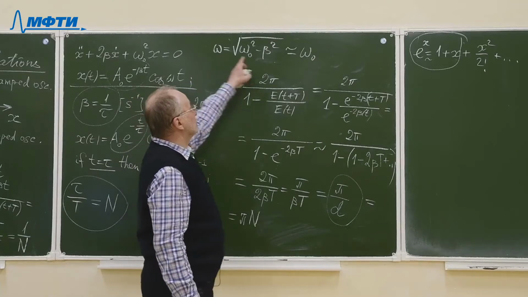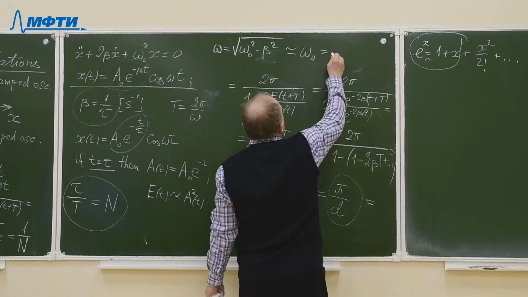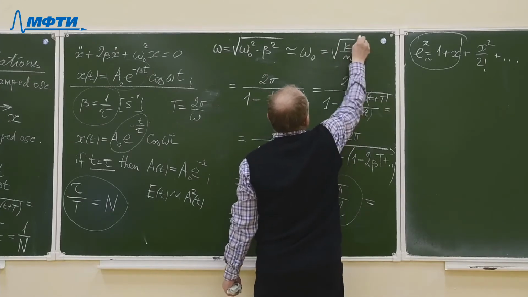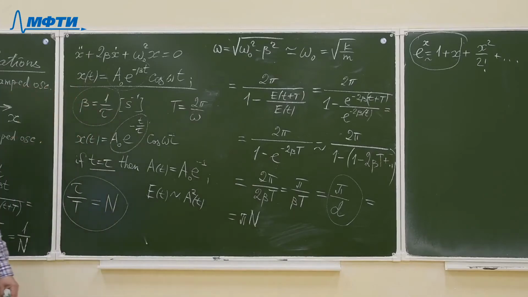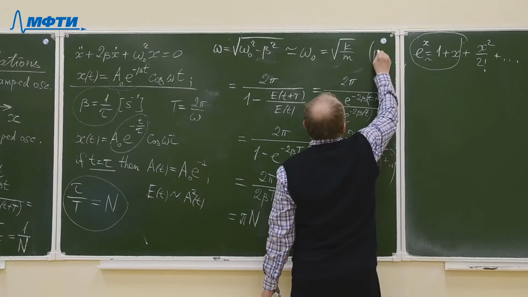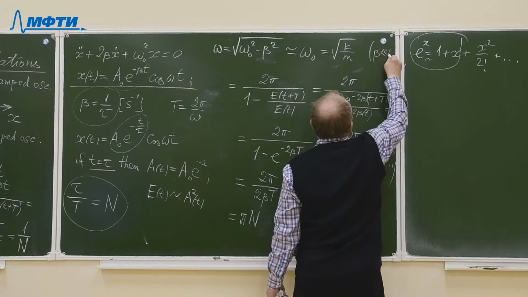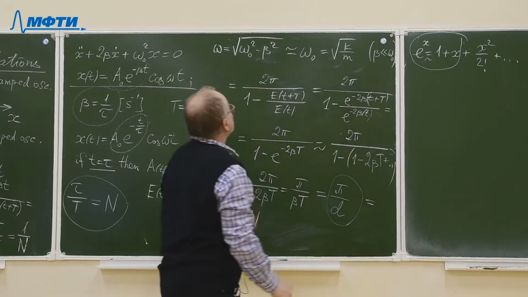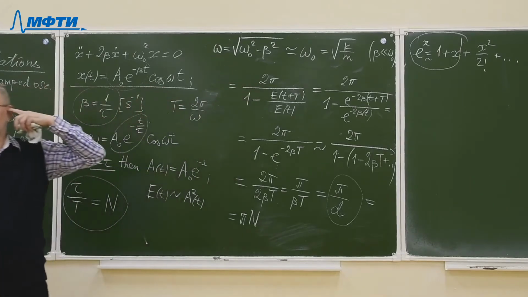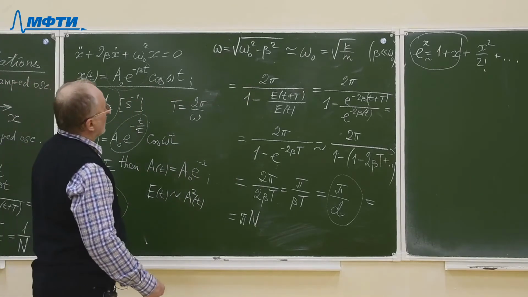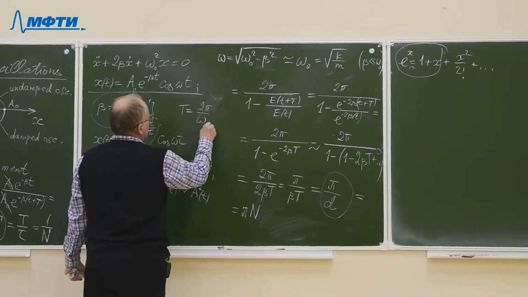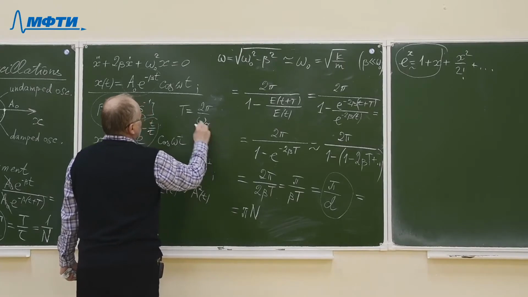The oscillation frequency will be very close to omega 0, which is defined for a spring pendulum as the square root of k divided by m. That is, if beta is much smaller than omega 0. If the second term here is much smaller than the first term, then approximately this will be correct. So in this case, the oscillation period will be equal to 2 pi divided by omega 0.